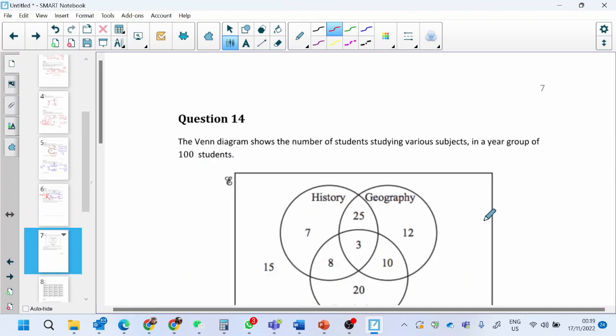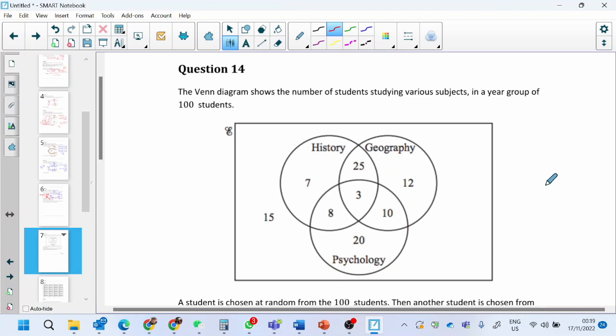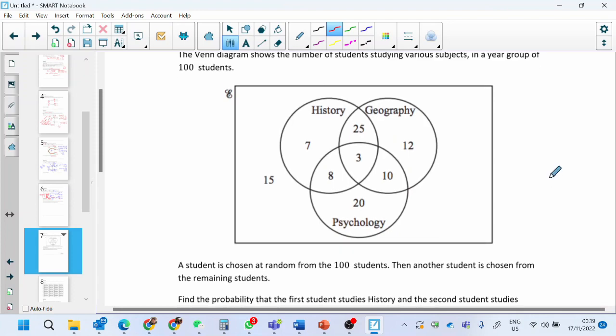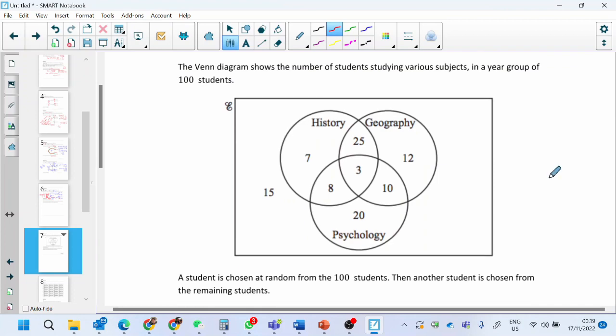So the last question is about a Venn diagram, and the Venn diagram shows the number of students studying various subjects of 100 students. So the total number of students here is 100. Universal set here is 100.